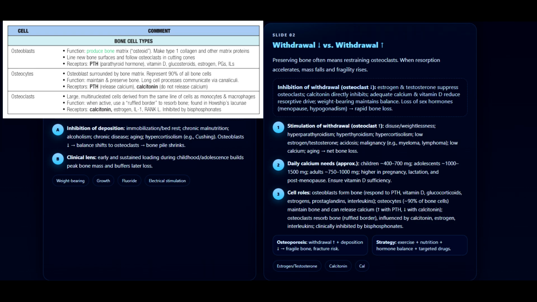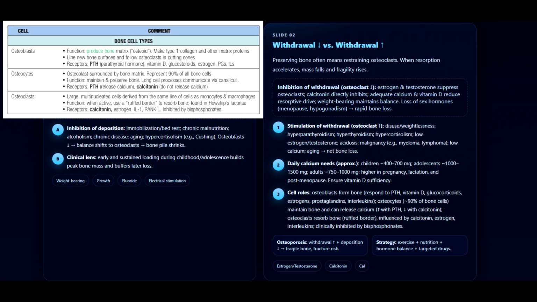Acid-base disturbances such as acidosis also favor resorption. Certain malignancies such as multiple myeloma or lymphoma stimulate osteoclasts as well. And of course, inadequate calcium intake and the natural process of aging further tip the balance. The result is a net decrease in bone mass, leaving bones fragile and prone to fracture.